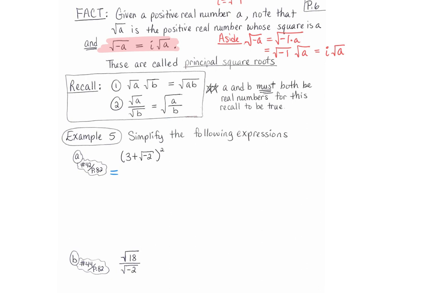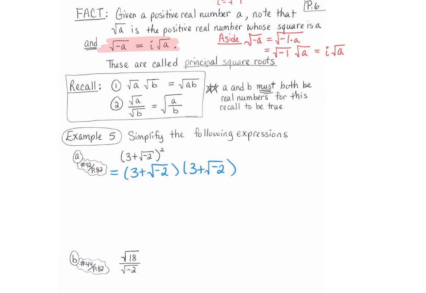Remember, we multiply by the complex conjugate whenever we were dealing with quotients. Good. And this is not a quotient. Whenever you have a quantity squared, that means we multiply the quantity times itself. Very good. So that means we have 3 plus the square root of negative 2 times 3 plus the square root of negative 2. Okay?